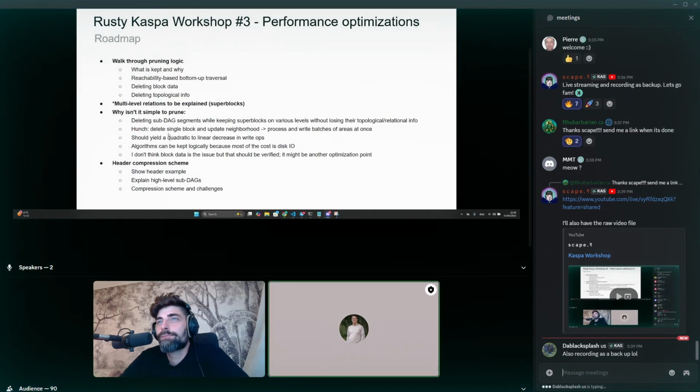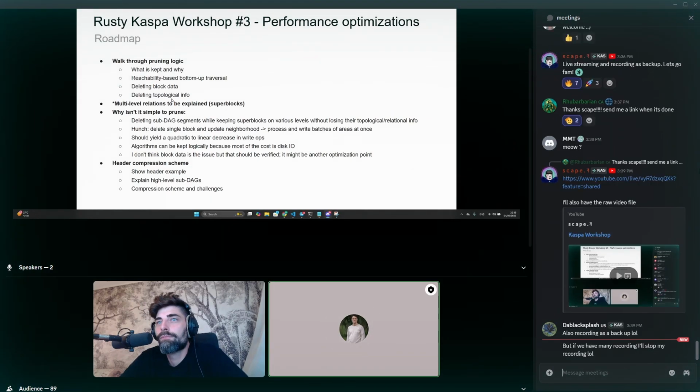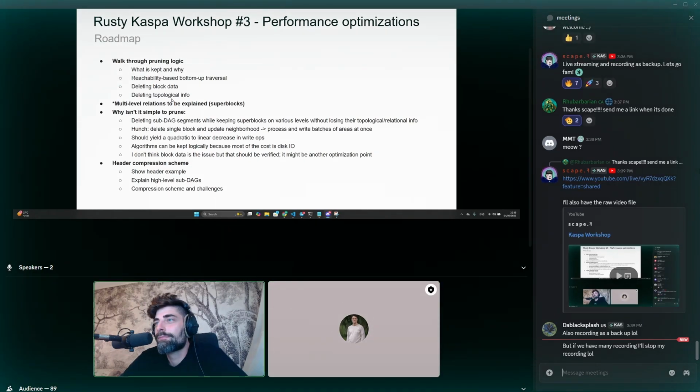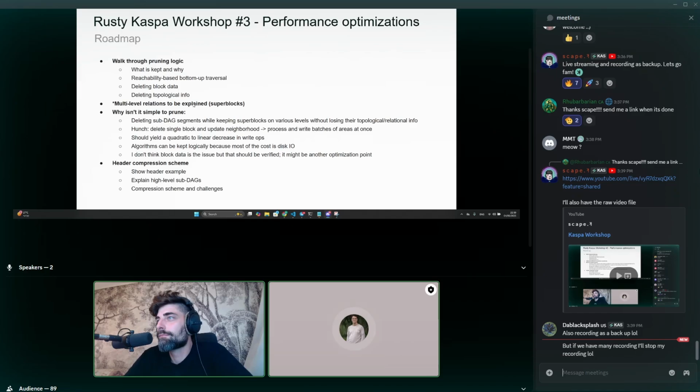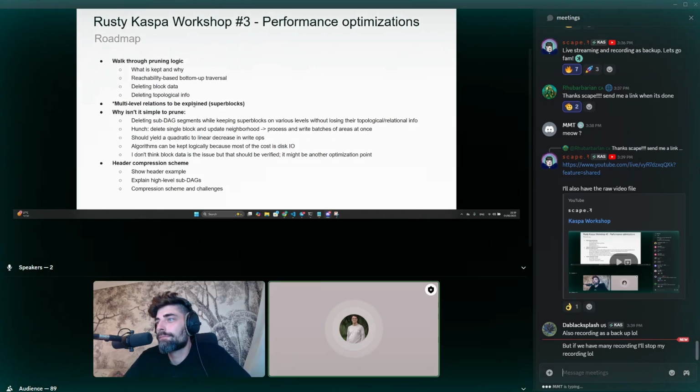And the second main talk topic is explaining the header challenge. I'll just show you the header and the multi-level parents, and you'll see immediately the inefficiency.